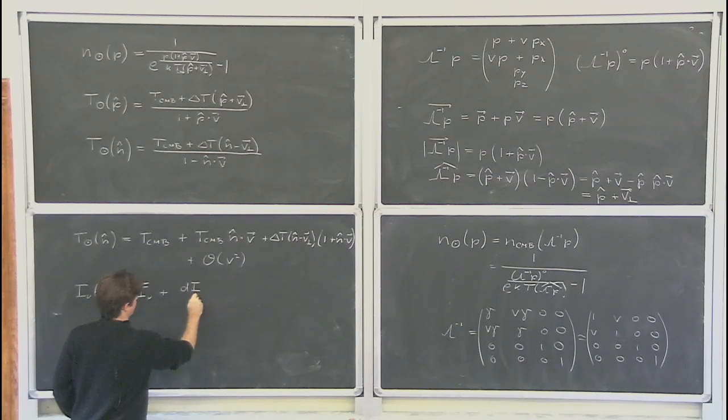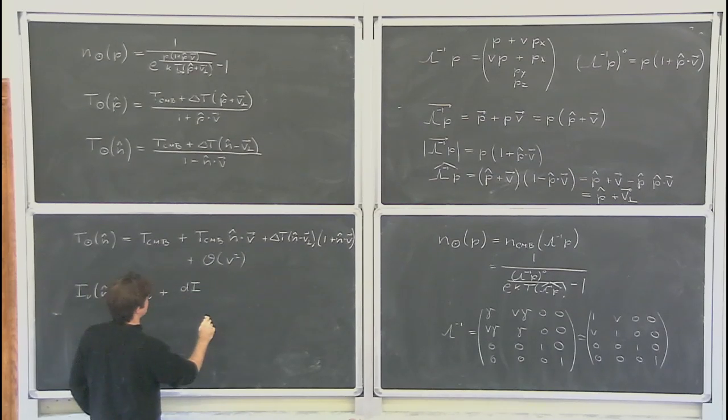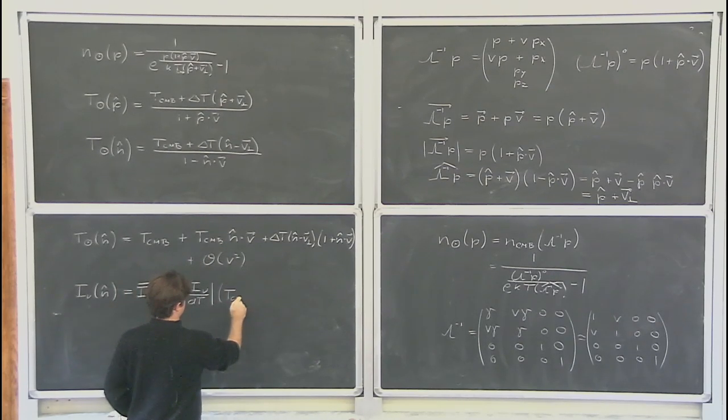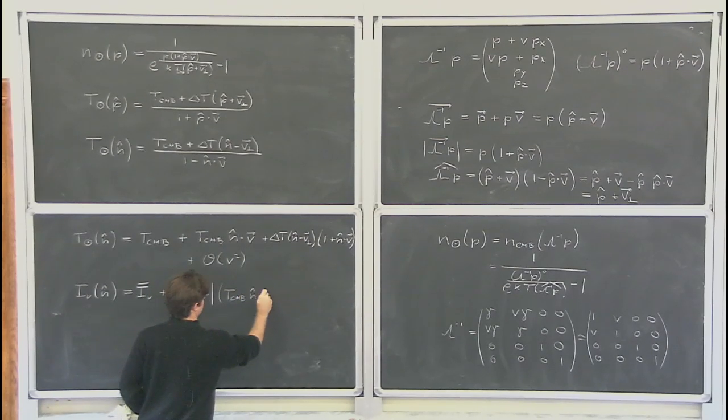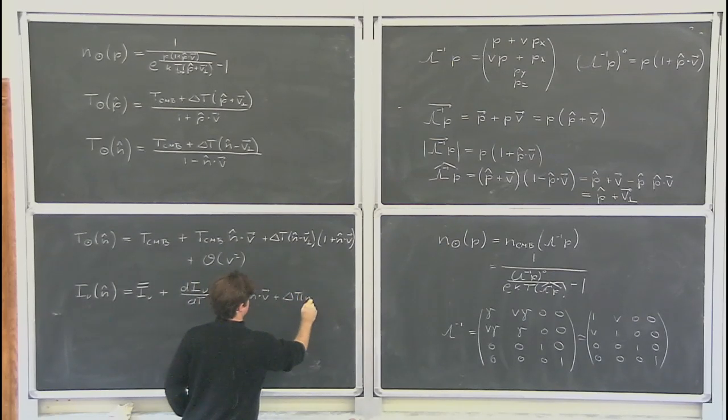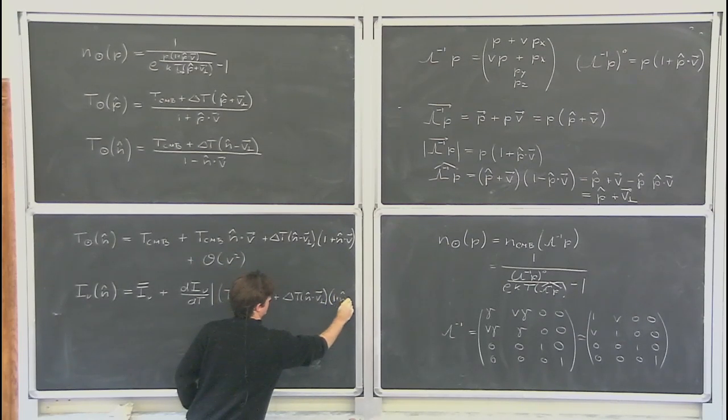So there's dI nu by dt at linear order, again evaluated at t equals T CMB, times the temperature fluctuation, which is T CMB times n hat dot V, plus delta T of n hat minus V transverse, times 1 plus n hat dot V.